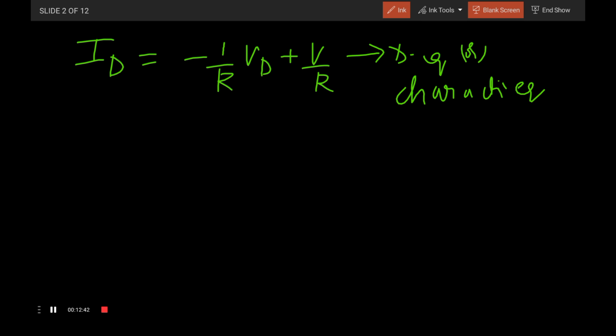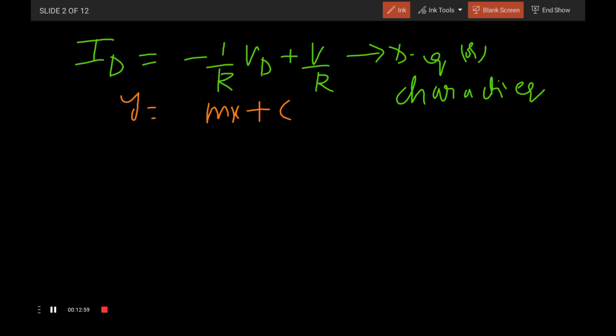If you compare this equation with the standard slope equation y is equal to mx plus c, the diode represents a straight line in the case of a closed circuit.